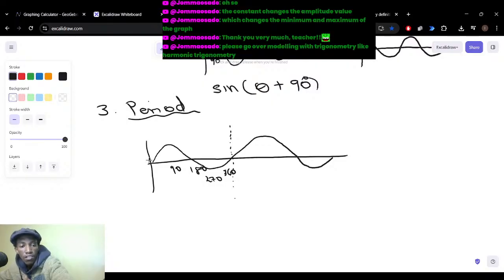So you can see that our graph is sort of a full graph. This is a sine graph, by the way.